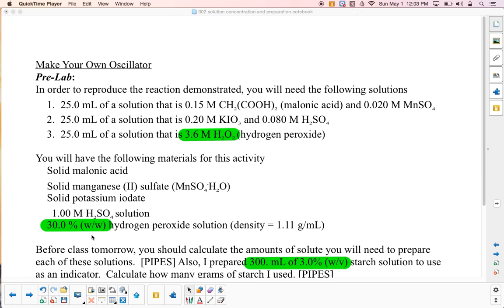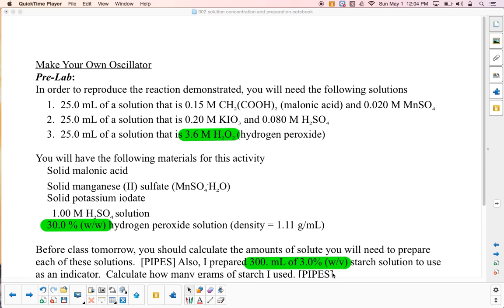We're going to need to use the C1V1 equals C2V2 dilution equation, but before we can start, we have to figure out what this 30% by weight means, and then also think about how we can get that 30% into molarity so that we can make a reasonable comparison with this 3.6 molarity.